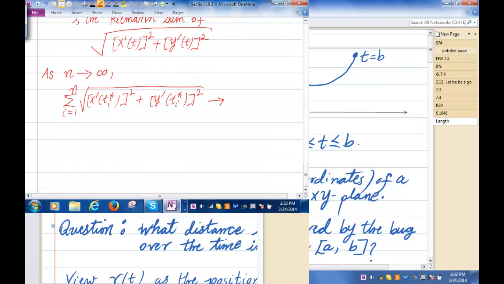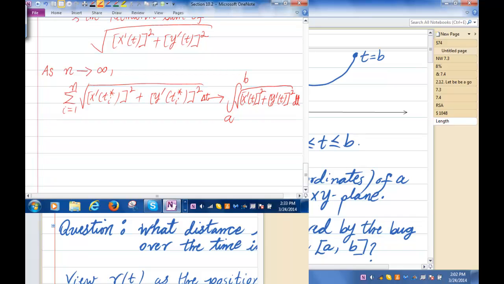Riemann sums are for integrals. It goes to the integral as t varies from a to b of the square root of x prime of t squared plus y prime of t squared dt. Everybody's okay with that? Yes, there was a delta t right here. Okay.